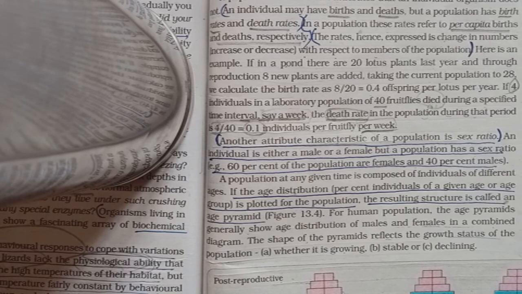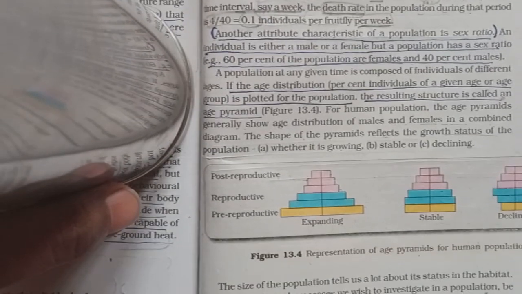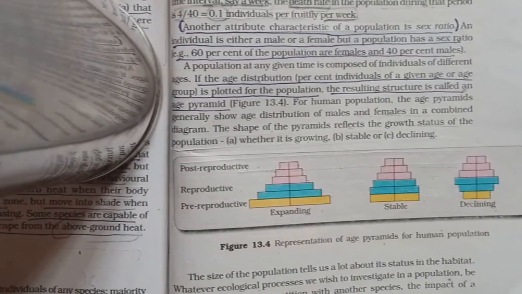Next, a population at any time is composed of individuals of a given age or a group of age is plotted for the population. The resulting structure is called an age pyramid. So what is the age pyramid here? Age pyramids are represented like this.